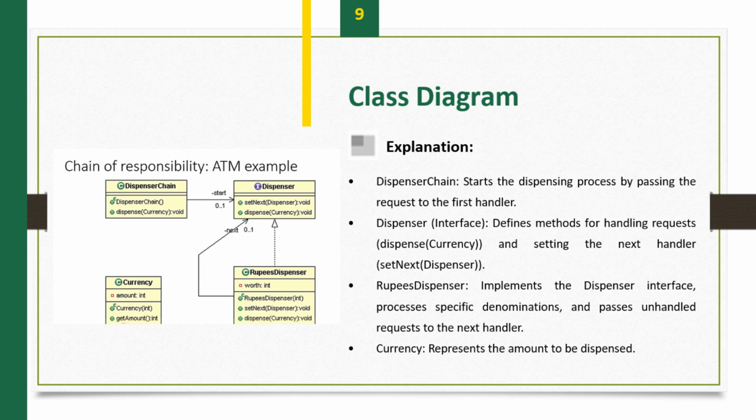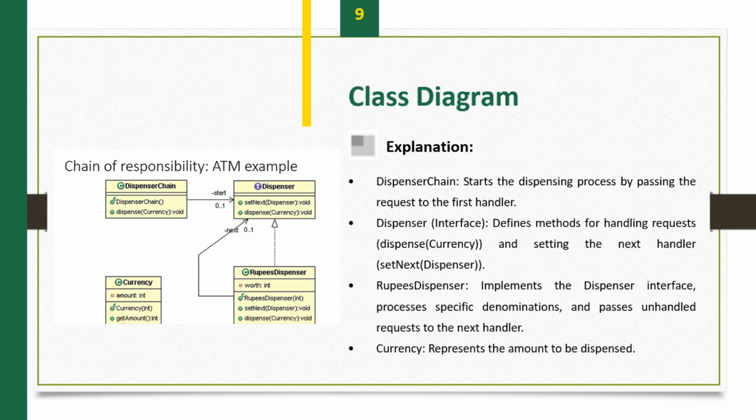The next handler in the chain would be the 100 rupee dispenser, which would take over and dispense as many 100 rupee notes as it can. The final handler in this example will be the 50 rupee dispenser, which dispenses the remaining 50 rupees. Each rupee dispenser in the chain is responsible for handling its specific denomination and passing any remaining amount to the next handler.